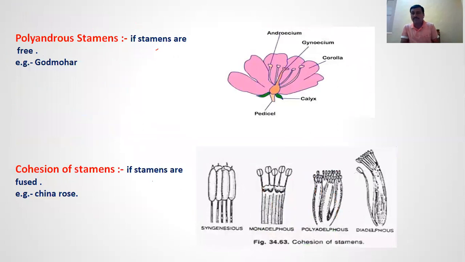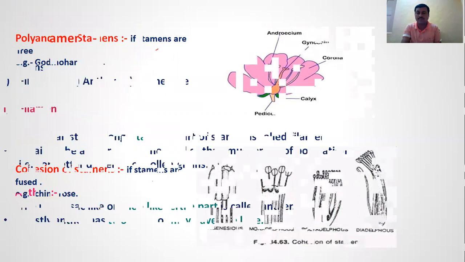Two types of stamens are present: polyandrous and cohesion. If the stamens are free from each other, it is called polyandrous. If they are fused or attached to each other, it is called cohesion of the stamens. Polyandrous example: Gulmohur. Cohesion example: China rose.